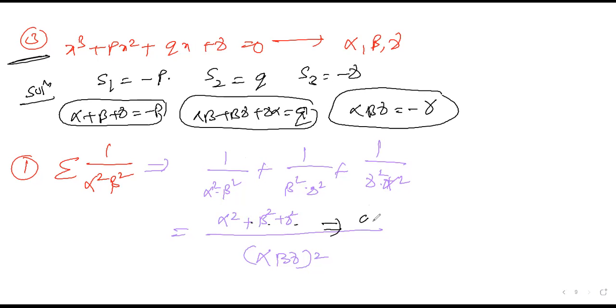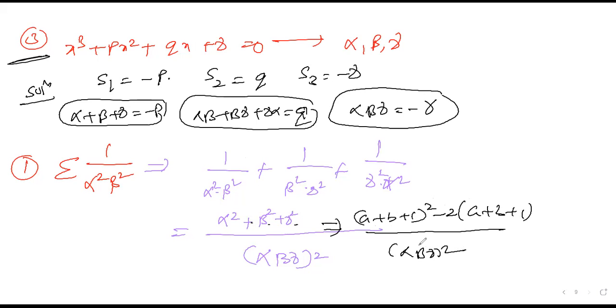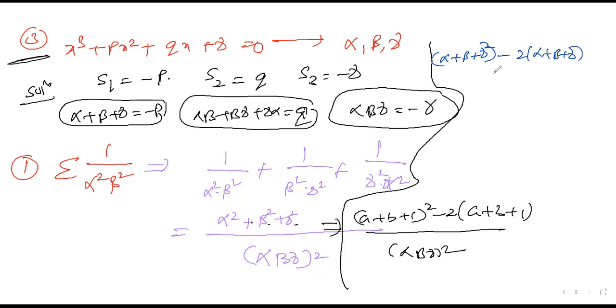What can I write? a plus b plus c whole square minus 2 times of ab plus bc plus ca, which means alpha plus beta plus gamma whole square minus 2 times of alpha beta plus beta gamma plus gamma alpha, by alpha beta gamma whole square.